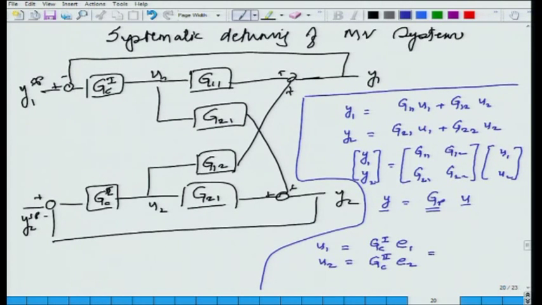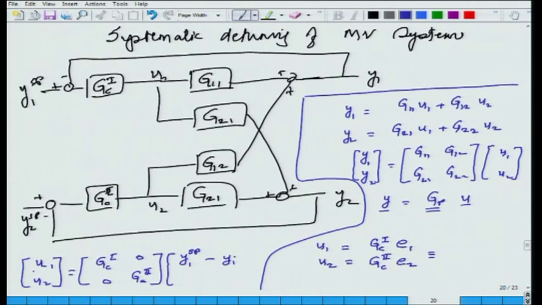In matrix form, [U1; U2] is equal to [GC1 0; 0 GC2] times [E1; E2], and E1, E2 is actually Y1 set point minus Y1, and Y2 set point minus Y2.